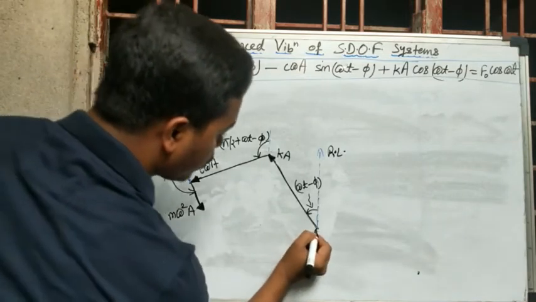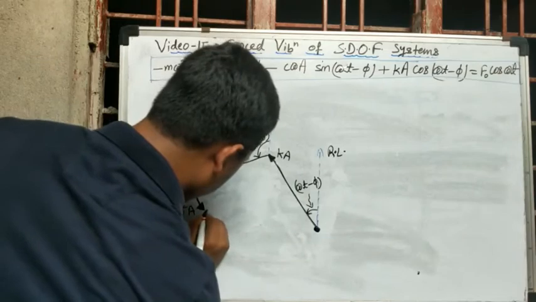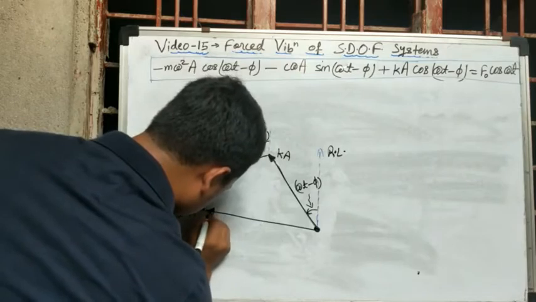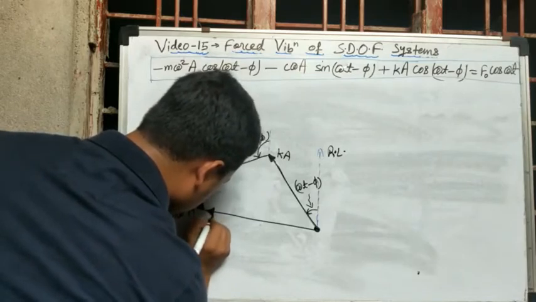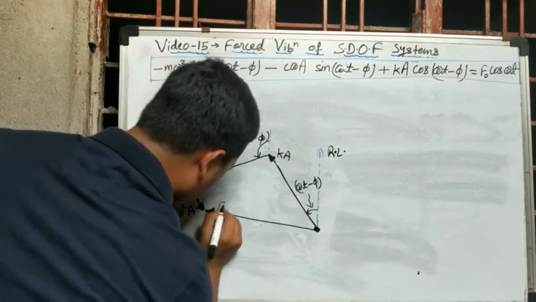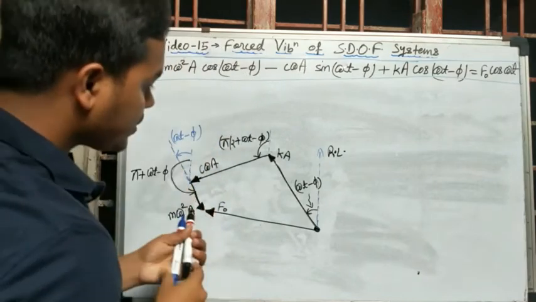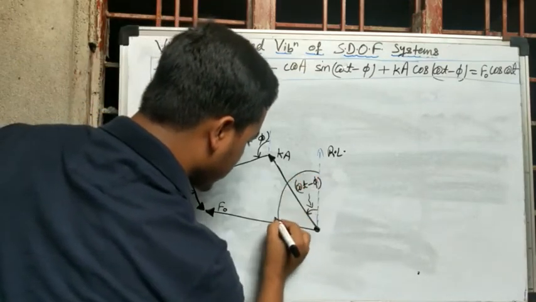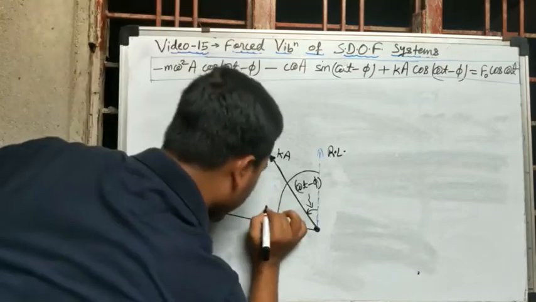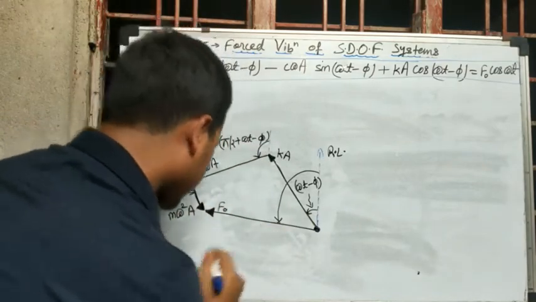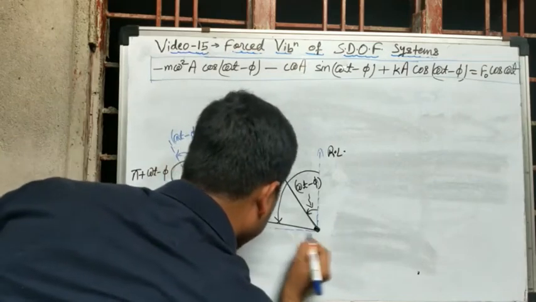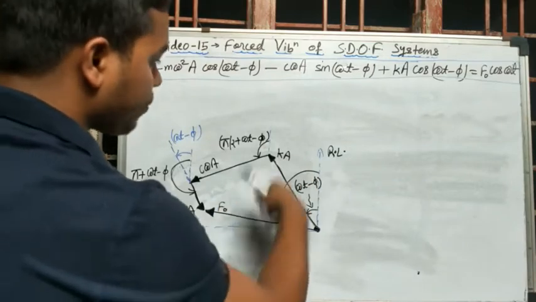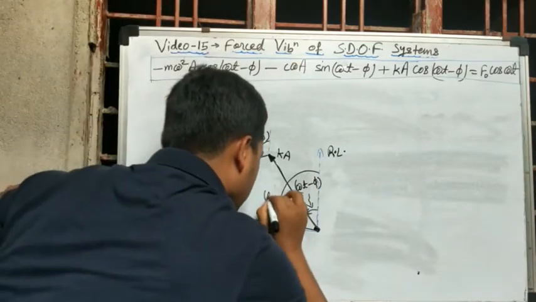And at last, from the origin, we can have the resultant of all these three forces. And the resultant was F naught. And what was the angle of this force F naught from the reference line? The horizontal axis is somewhere here. Don't merge them. So the angle of F naught from the reference line was omega t.